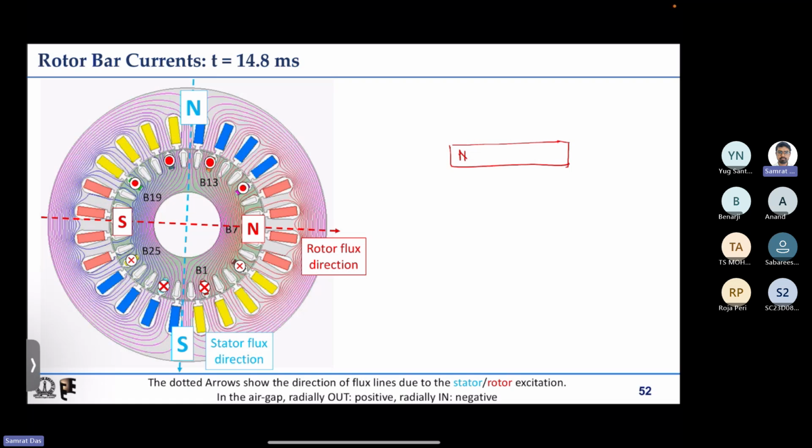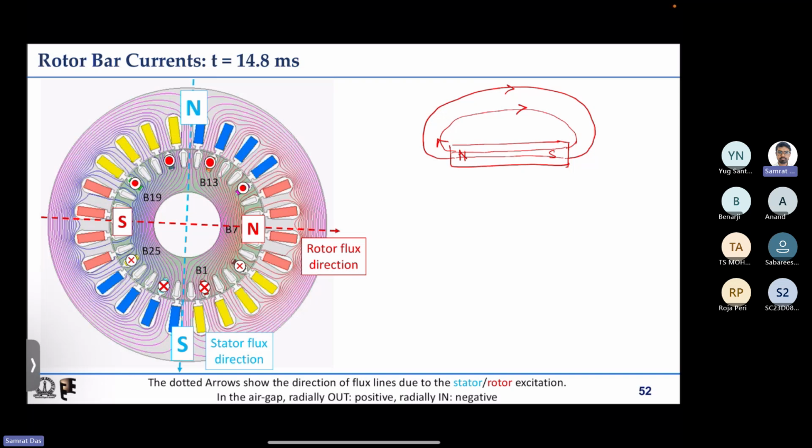Then the flux direction is fixed. There is no convention in that. Externally it will start from the north pole and go towards the south pole, and internally it will go from south to north. That is about the flux direction. There is no confusion or convention here.